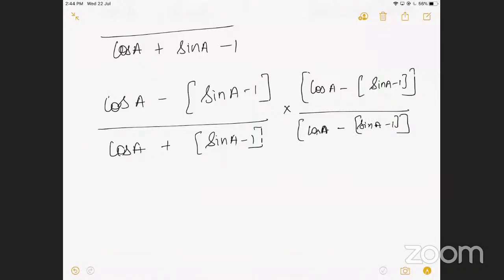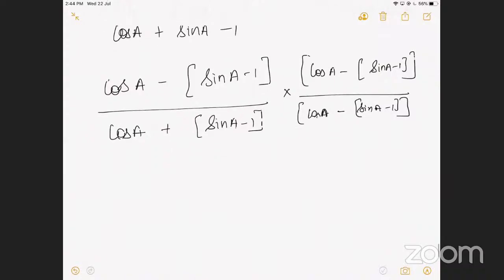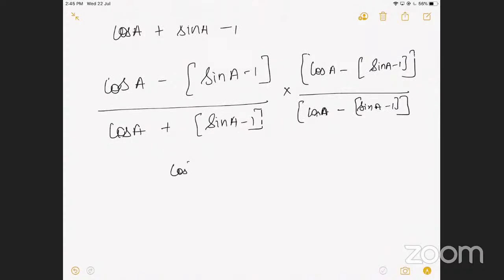Can I write like this? So it is cos square A minus sin A minus 1 the whole square.